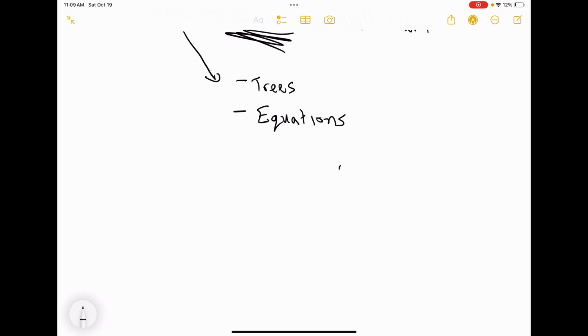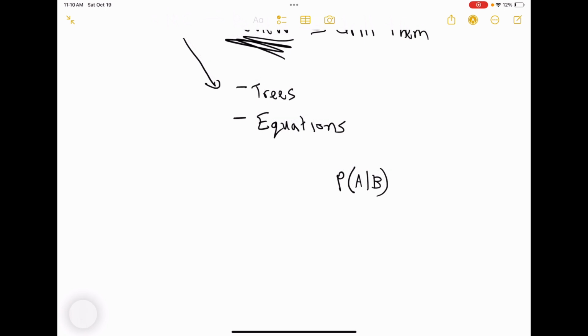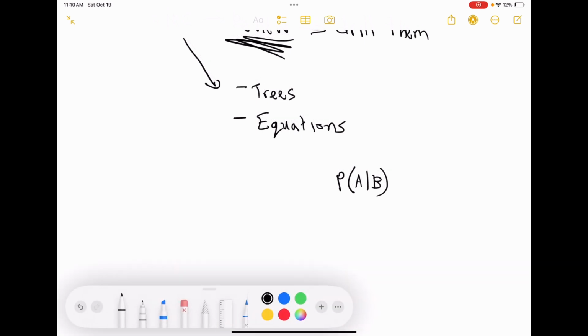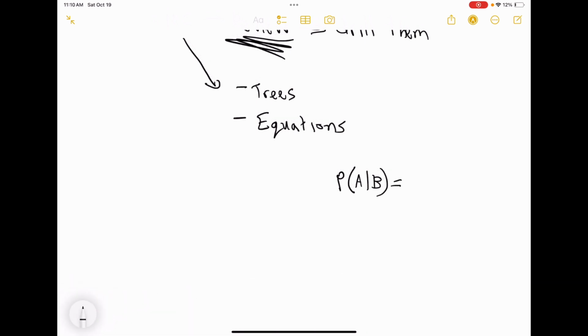They are the odds, the probability of A given B, or B given A, however you want to think about that. That's one of the equations that I give you. All right, and as you know, the probability of A given B is always going to be equal to the probability of A and B divided by, and this should make good sense, the probability of B in this case, right?